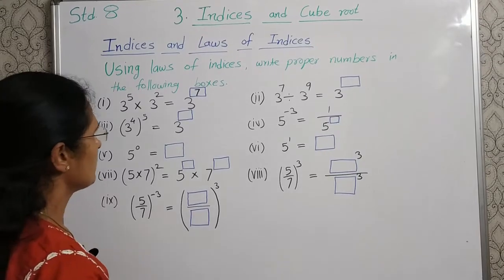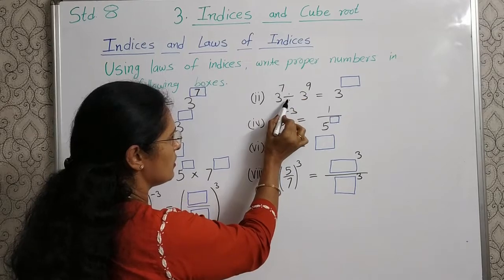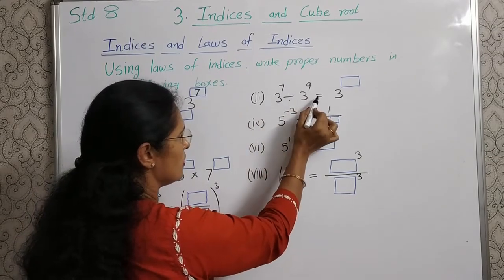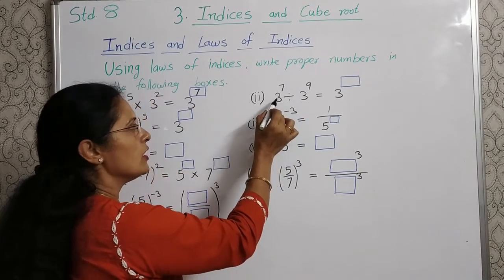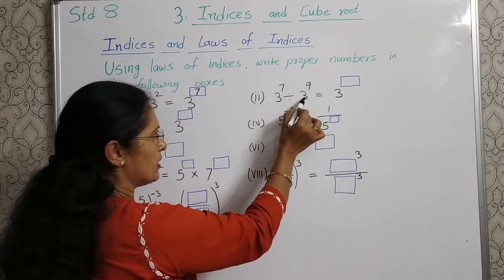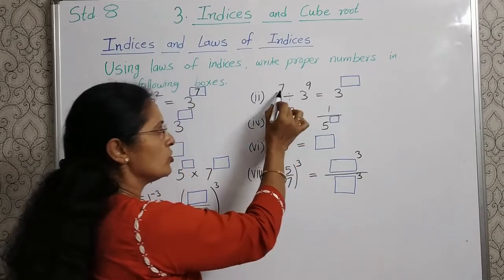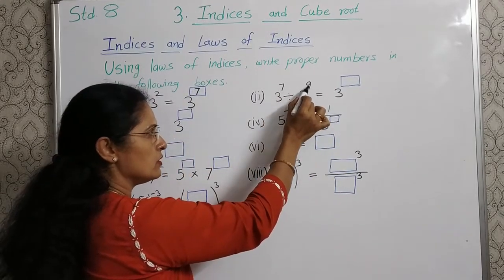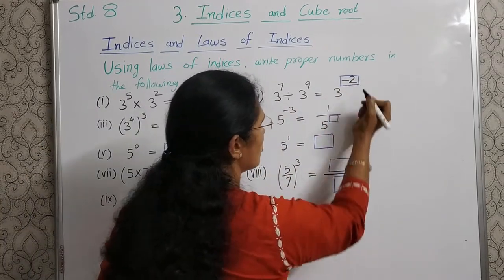Second, 3 raised to 7 divided by 3 raised to 9 is equal to 3 raised to box. So here we are using the law a raised to m divided by a raised to n is equal to a raised to m minus n. So 7 minus 9 is minus 2.